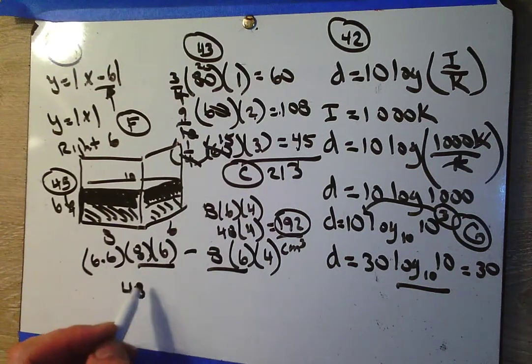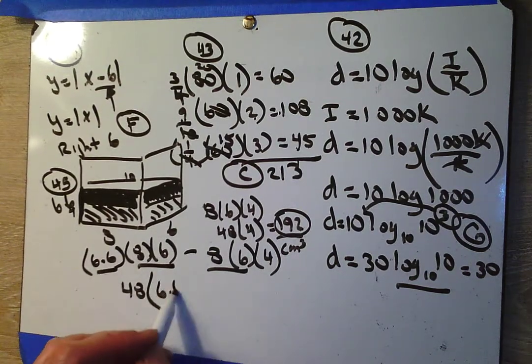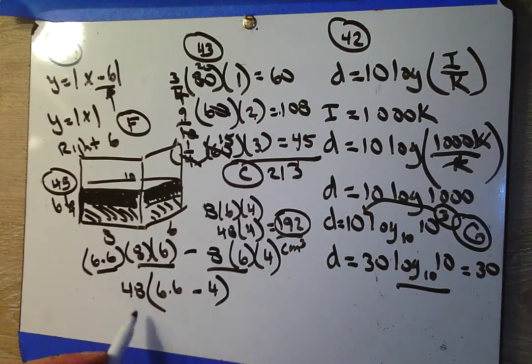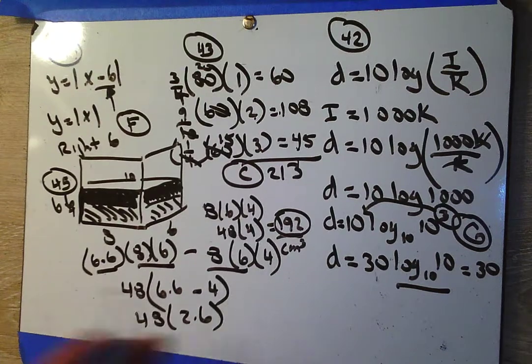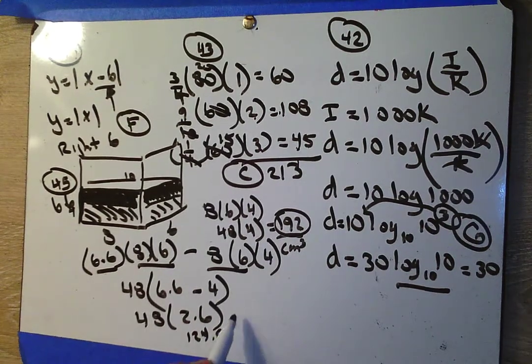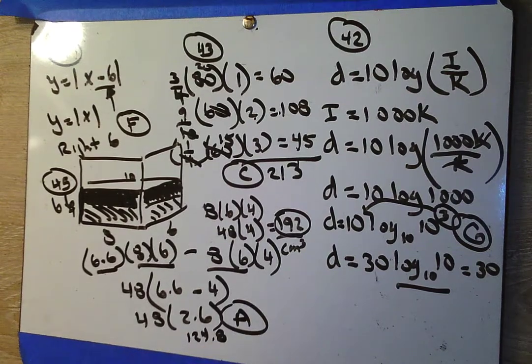So I pulled the 48 out, leaving me 6.6 minus 4. So I have 48 times 2.6, and that corresponds to, what does that correspond to? 48 times 2.6, I get 124.8, and so that's awfully close to 125, which is why choice A was my answer to number 45.